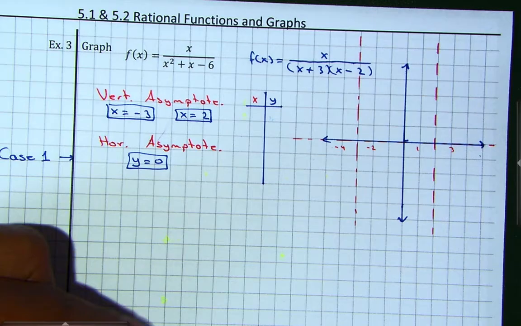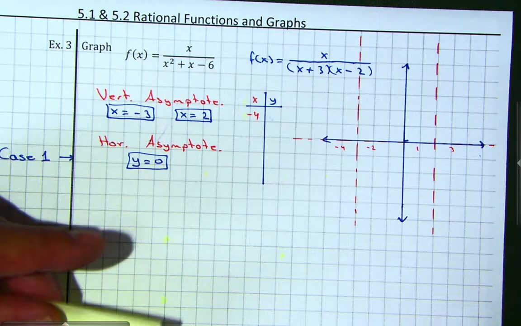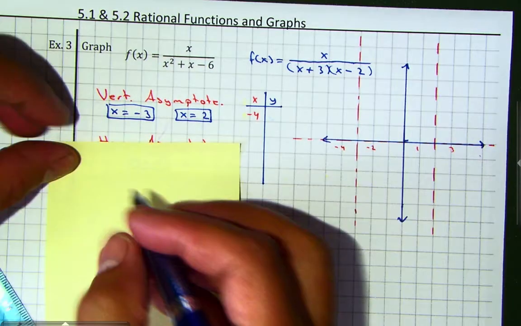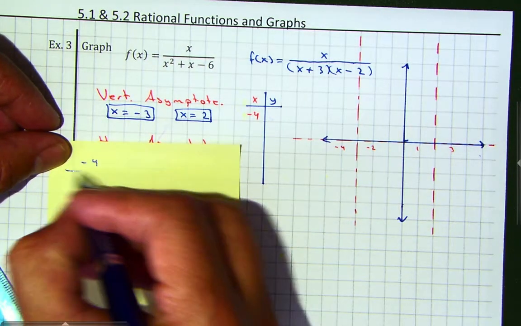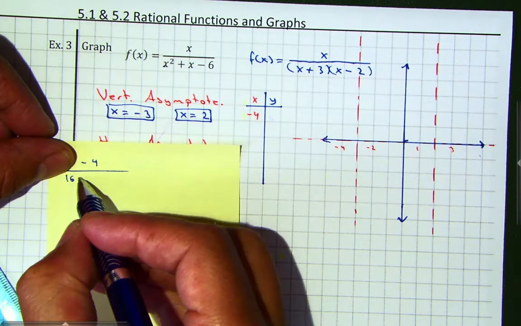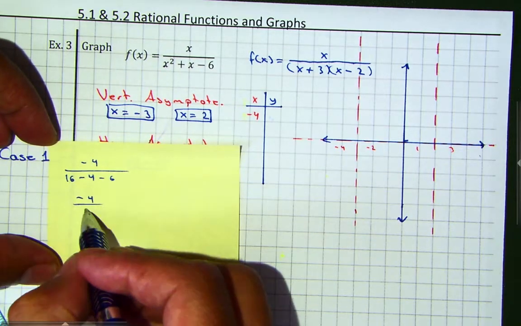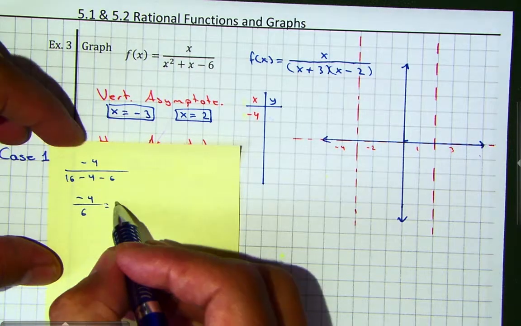So let's start over here with negative 4. If I plug in a negative 4, I get negative 4 over negative 4 squared, which is 16, minus 4 minus 6. So it gives me negative 4 over 6, which is negative 2/3.